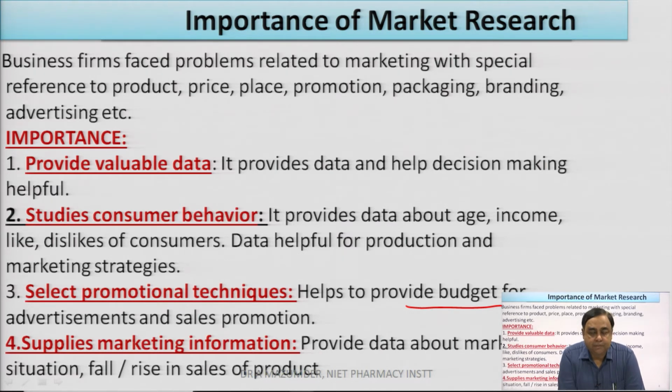Say for example, if I am talking of pharmaceutical products, if I am marketing anti-amoebic drugs, the sales volume of anti-amoebic drugs will be very high, particularly during the monsoon, whereas it will be a little bit lesser, particularly during the winter. So, the requirement of anti-amoebic drugs in the market is maximum during the monsoon months.